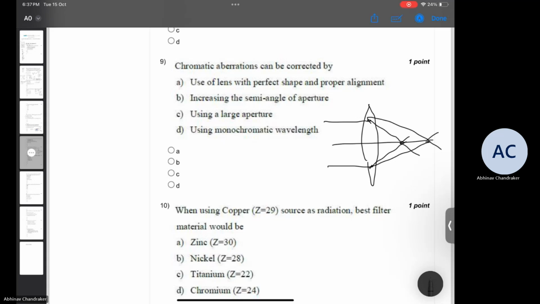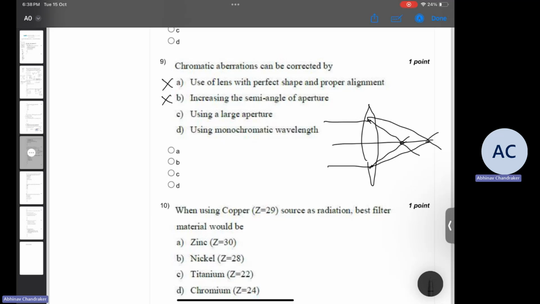This cannot be corrected with perfect shape and proper alignment. Spherical aberration can be corrected, to some degree, by improving the lenses. Semi angle of the aperture: again, aperture can help with spherical aberration, but not with chromatic aberration, because this has to do with the wavelength of the incident beam.